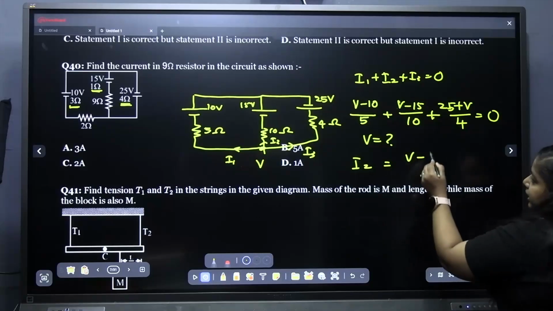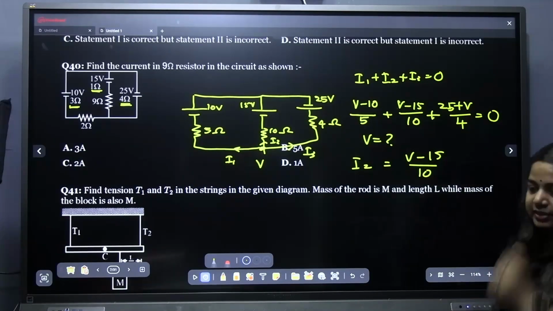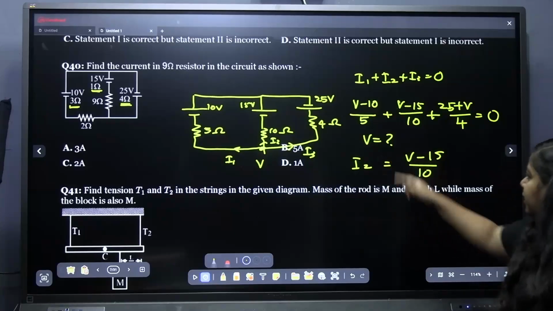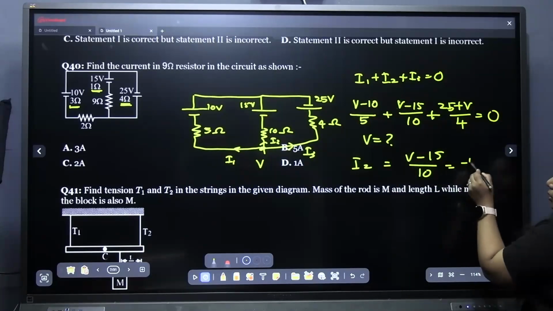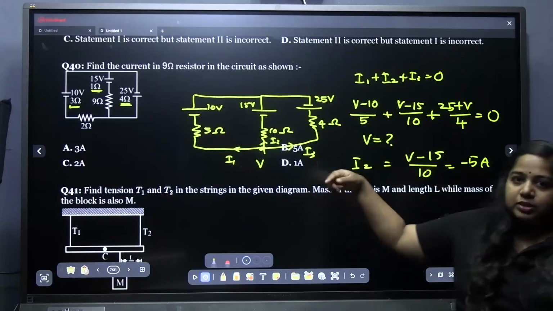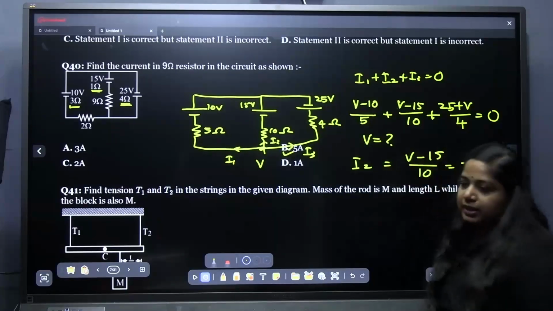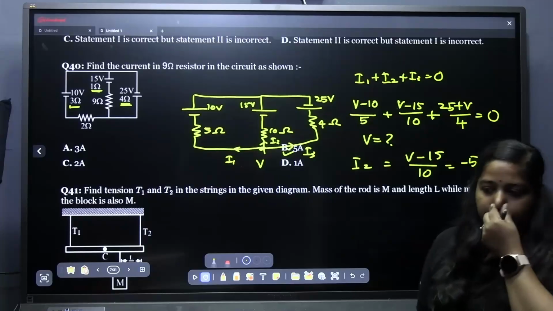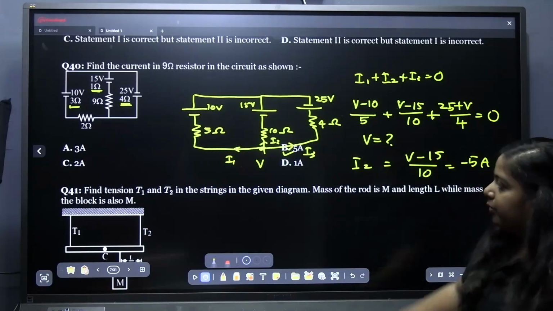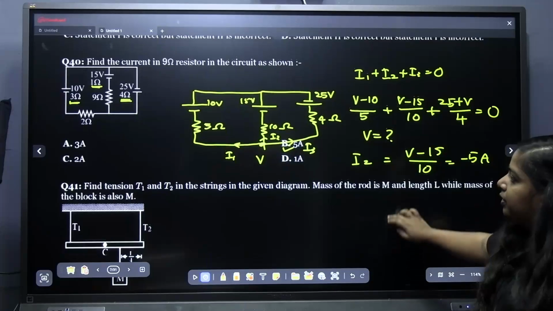I2 is V minus 15 by 10. Okay, that is the step. I am not doing it right now. Anyway, I2 we will get as minus 5 ampere. Here all options are given positive, so we will take option B as the correct answer. Okay, 5 ampere. I hope you understood that. We will go to the next question now.